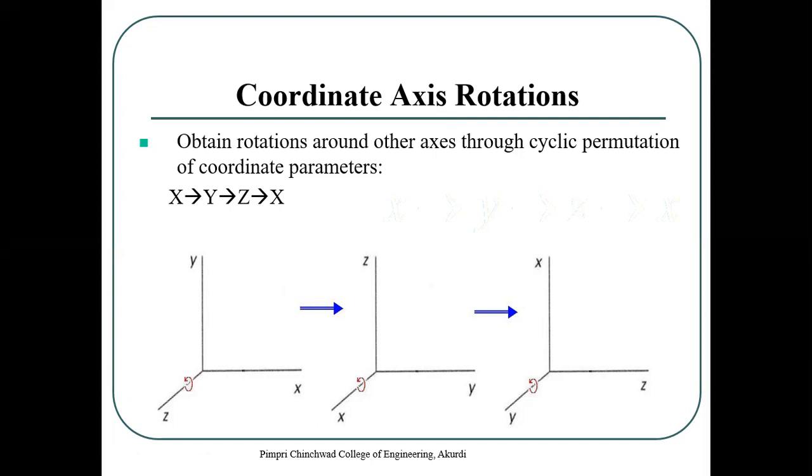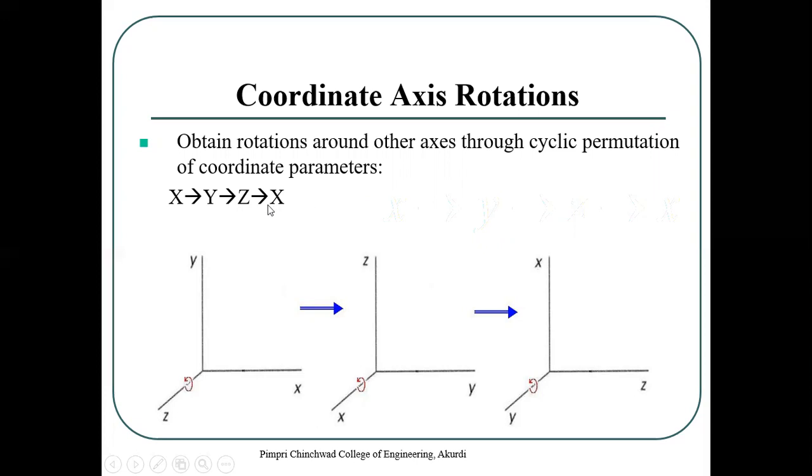For that we need to perform some cyclic permutations of the coordinate parameters x, y and z. It means we replace the y coordinate by the x coordinate, z by the y coordinate, and x by the z coordinate. So we need to perform this cyclic permutation.